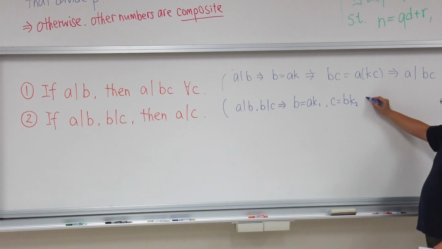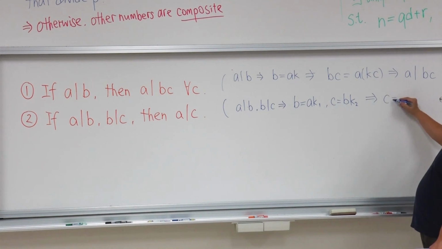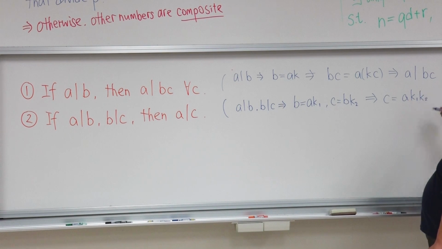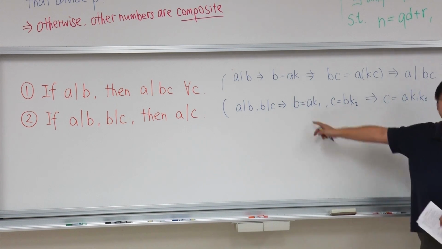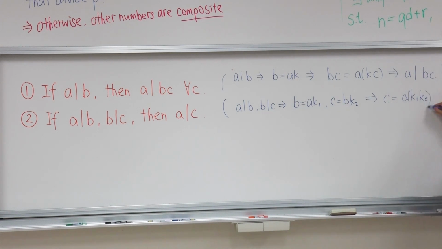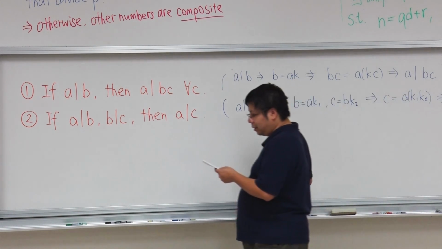So C is equal to A times K1 times K2. Substitute B is equal to A times K1, so you bracket here. So this implies A divides C. Okay, that's it. The third one.